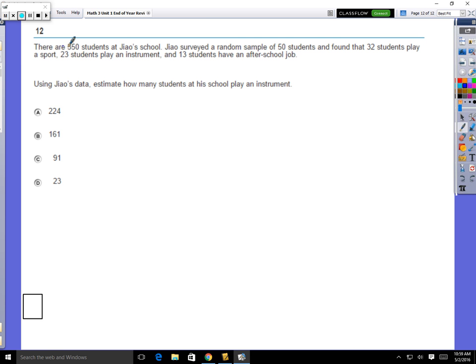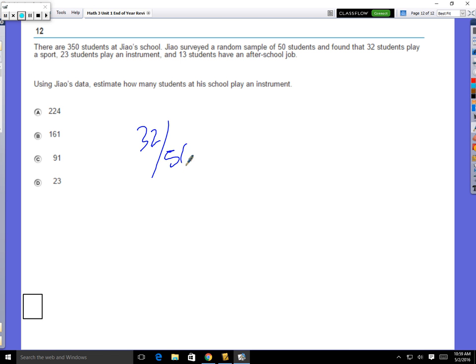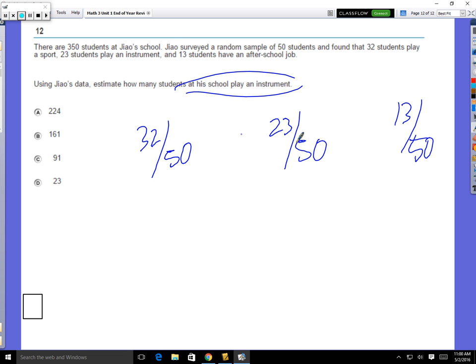Okay, last one. There are 350 kids at Jowell's school. He surveyed a random sample of 50 kids and found that 32 play a sport. So 32 out of 50 play a sport, 23 out of 50 play an instrument, and 13 out of 50 have a job. Using his sample, how many students would you predict play an instrument? That's these guys right here: 23 out of 50. 23 out of 50 is almost half.